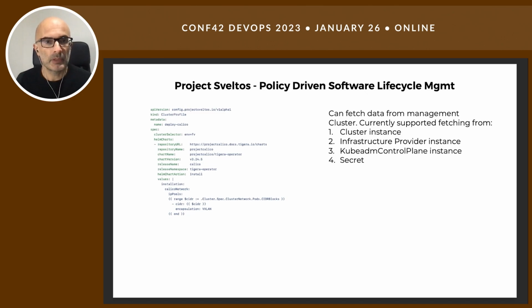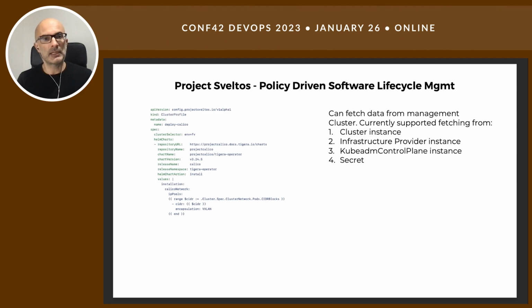In this example, I have a cluster profile which is instructing Sveltos to deploy Calico. And it's also instructing Sveltos to fetch the pod CIDR from the management cluster at runtime.